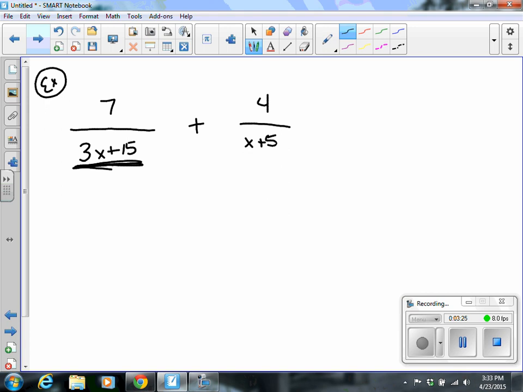just like when we were multiplying and dividing rational expressions. So right now I have 7/3(x plus 5) plus 4/(x+5).